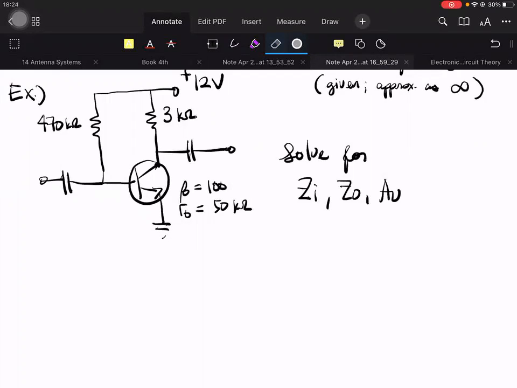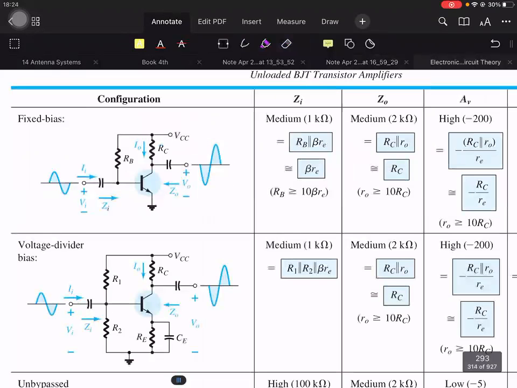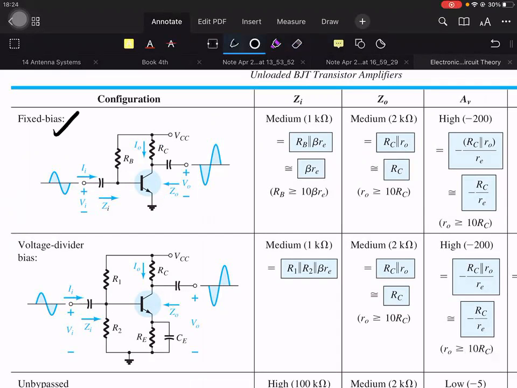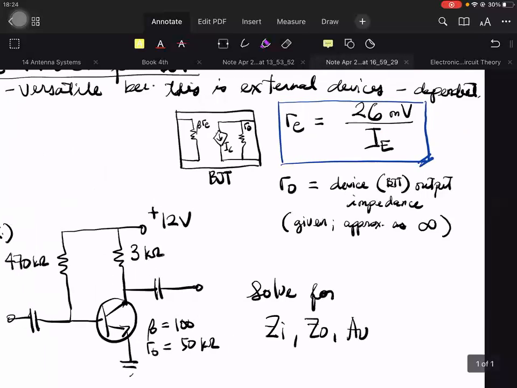So if we refer to the table here, here's the fixed bias, to solve for input impedance, output impedance, and gain. The output impedance you could solve easily; you could approximate it to RC. For ZI we have RB, beta RE, so we'll need to solve first for RE. And to solve for RE, we need IE.